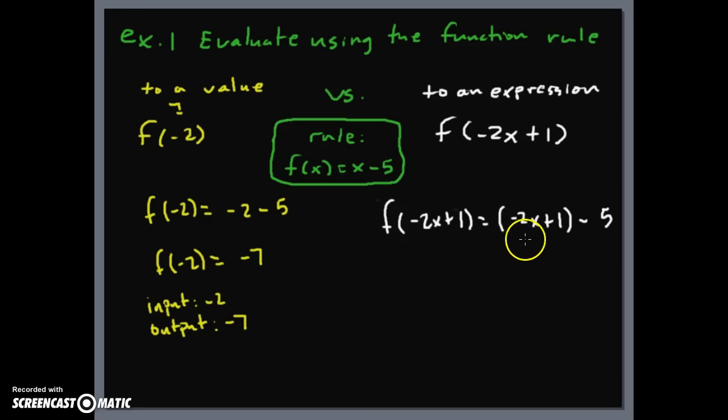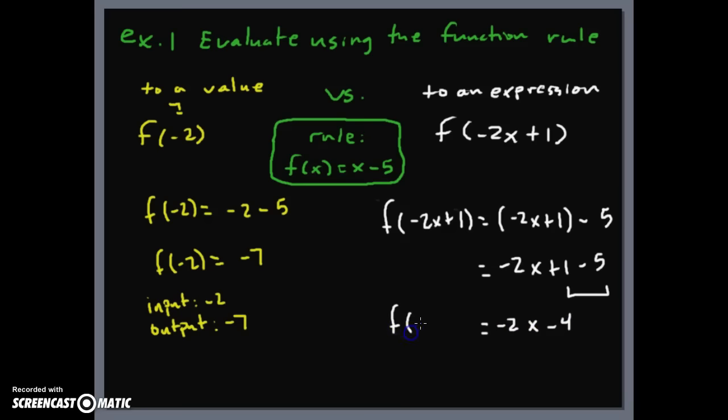So we've got negative 2x plus 1 in parentheses. They're not like terms, so we can't simplify anything in the parentheses, and we can go ahead and drop the parentheses. So we've got negative 2x plus 1 minus 5. Now we've got two numbers, positive 1 and negative 5, that we can combine. We can simplify those to a negative 4, so we've got negative 2x minus 4. And these aren't like terms, so this is in its simplest possible form.